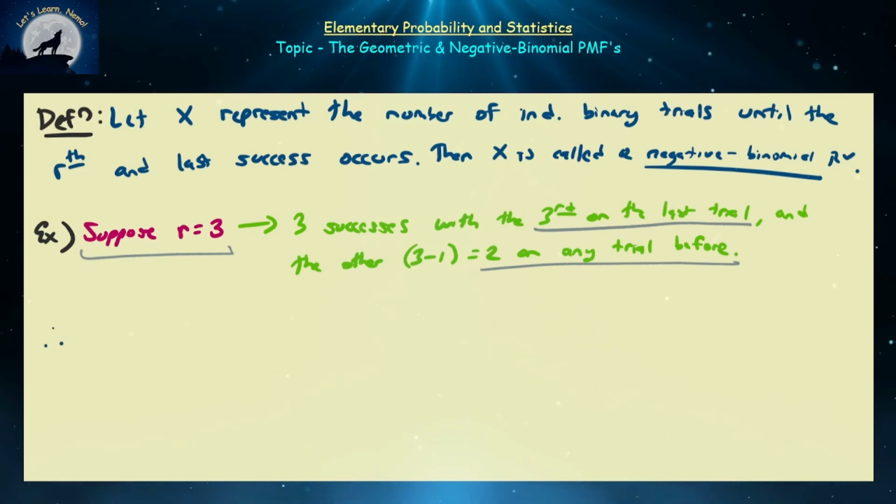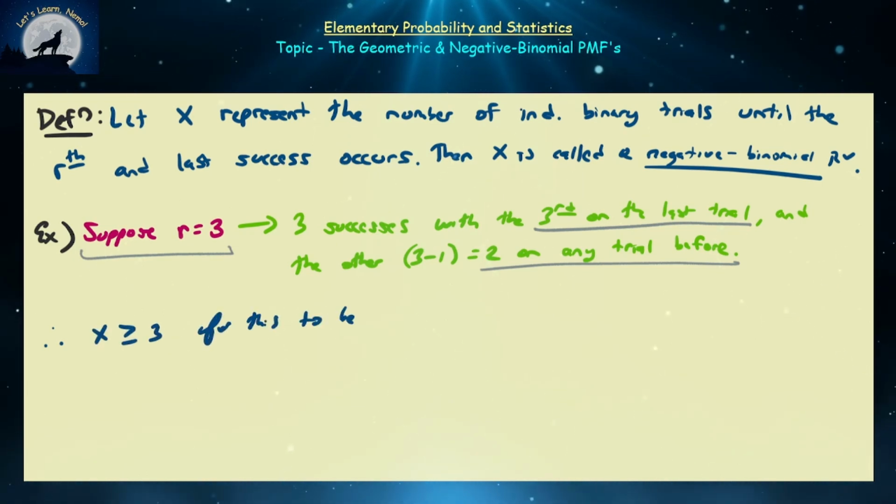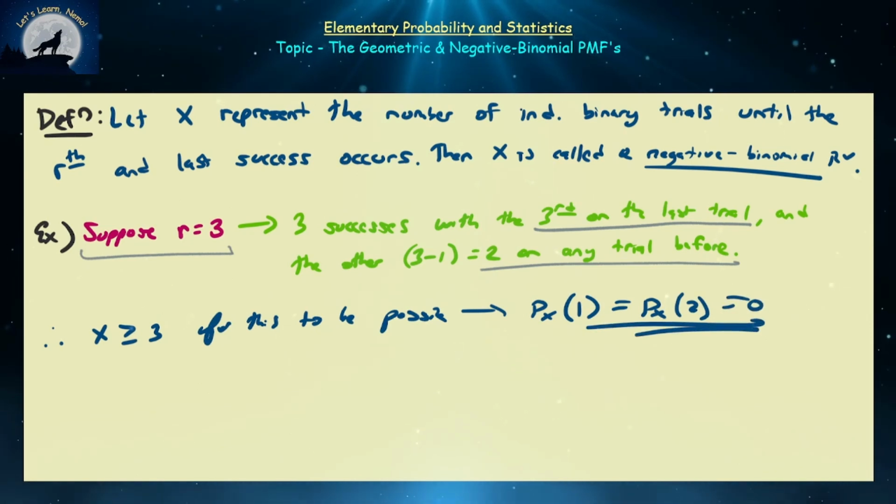So if somebody asks you, what is the probability that x is equal to 3? Well, what are the possibilities that x can be? It's clear that if r is equal to 3, that means x must be greater than or equal to 3 for this to be possible, right? Which means the probability that x is 1 and the probability that x is 2 are both equal to 0. And why is that?